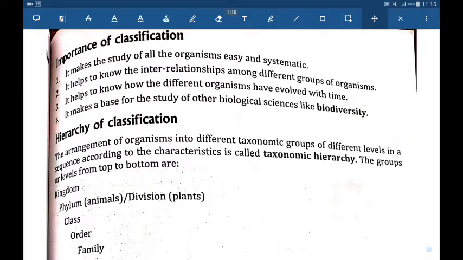Dear students, what are we going to discuss today? Last time we started organisms and how some scientists, some biologists, found that there are 5 kingdoms, different types of organisms, right?